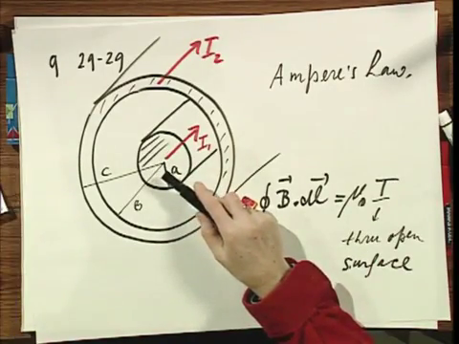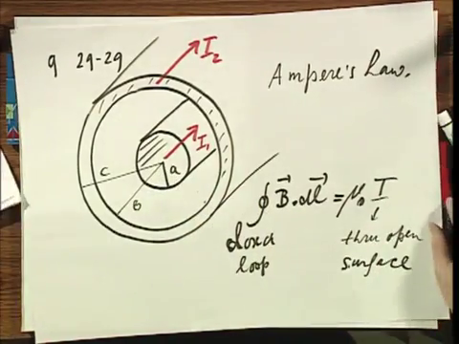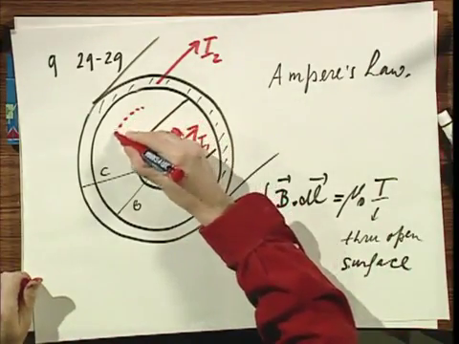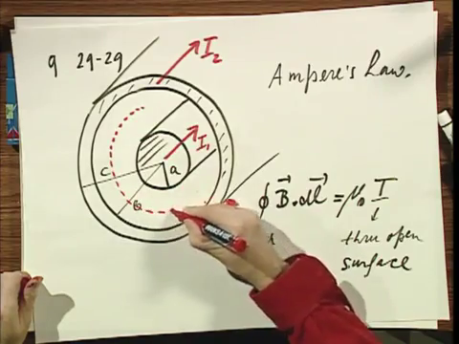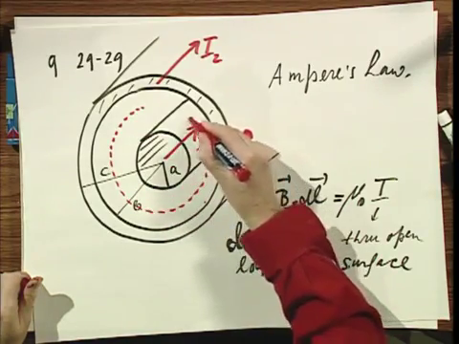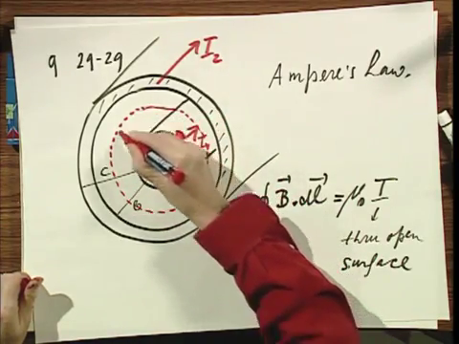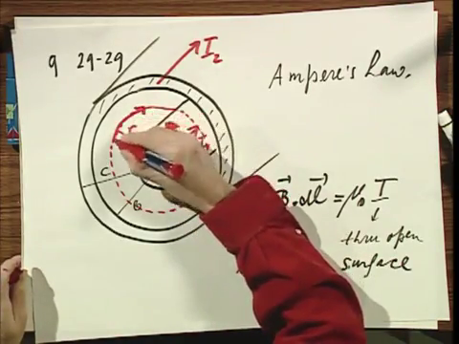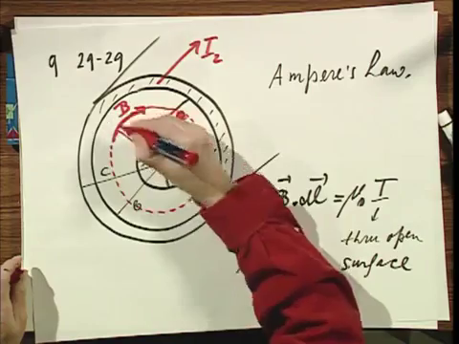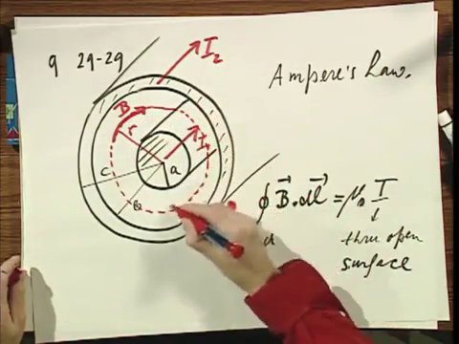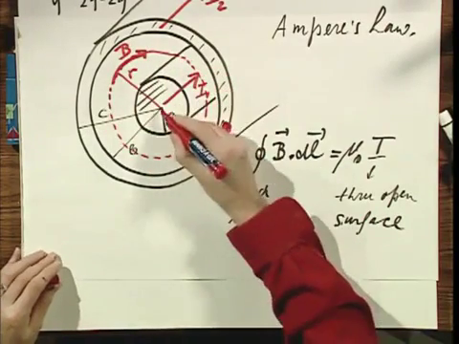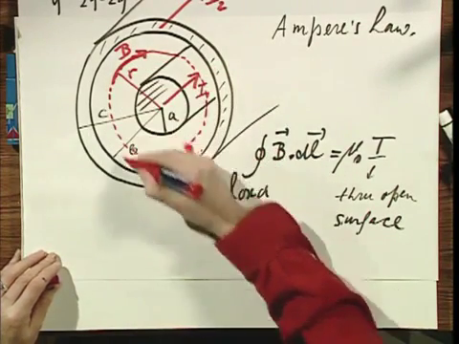That's not so difficult. I will make a loop, obviously, a concentric circle with radius r. The magnetic field, I know by convention, is in this direction and is tangentially going around. I know it's everywhere the same because the distance r is the same to this circle.